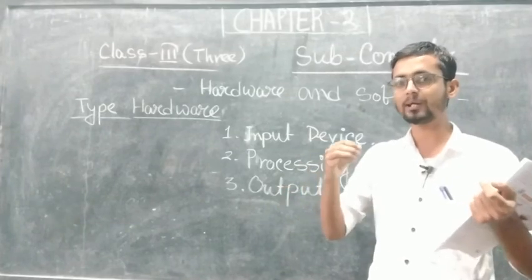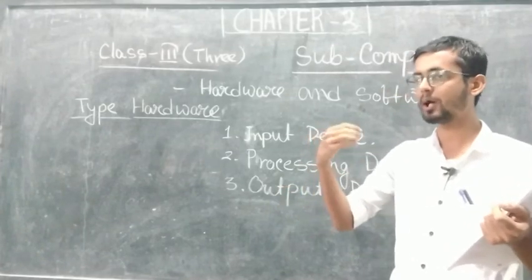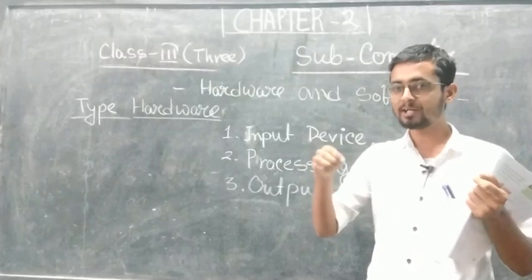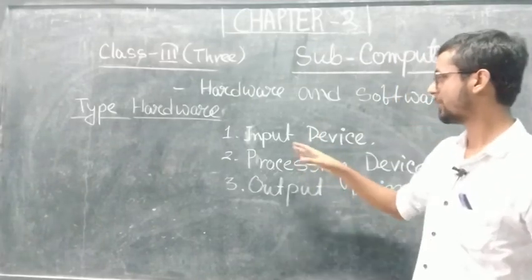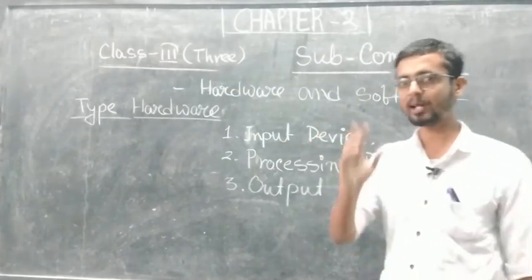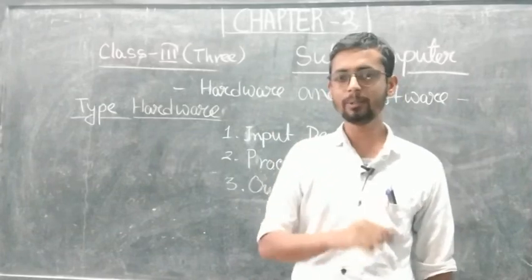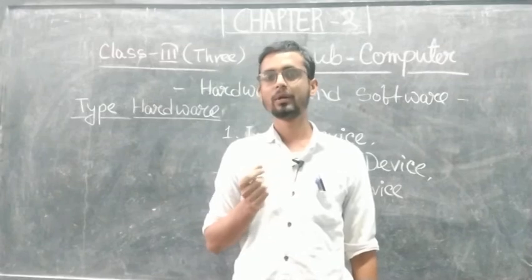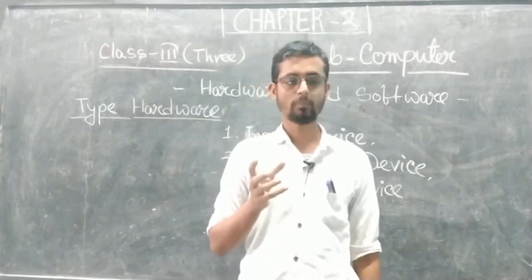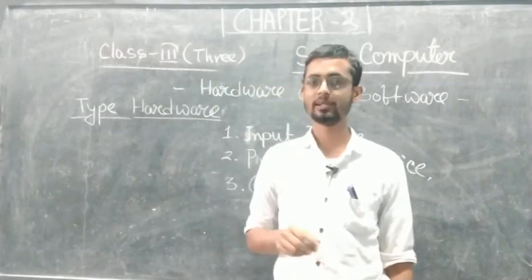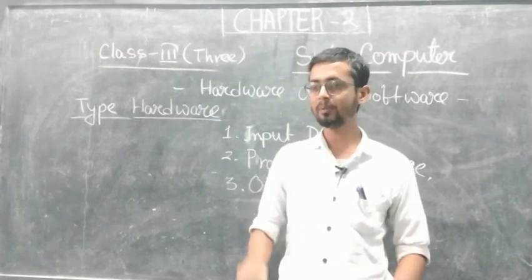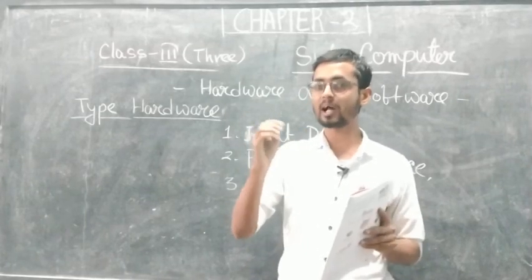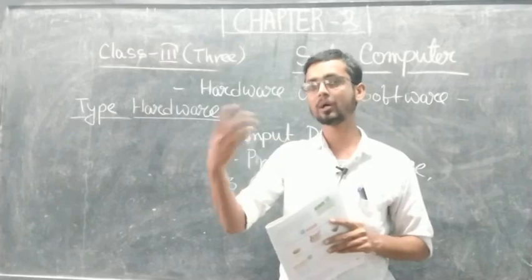That means our information or any data we send through these devices are called input devices. Examples: keyboard, mouse, microphone and scanner. From these devices we send data or information to a computer.